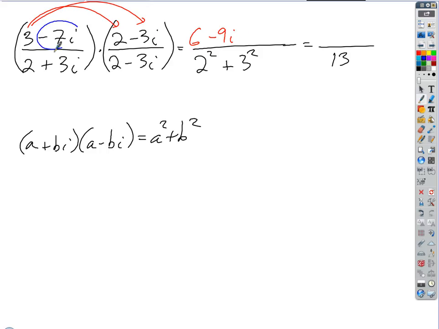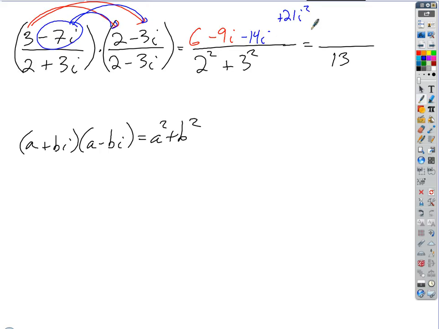What if I distribute the negative 7i? What am I going to get with that, Cassidy? Negative 7i times 2, what's that going to give me? And then negative 7i times negative 3i is going to give me 21i squared, which becomes, what's i squared?